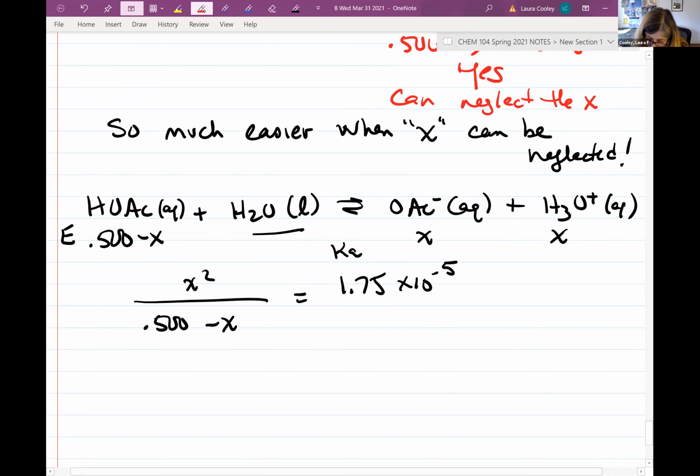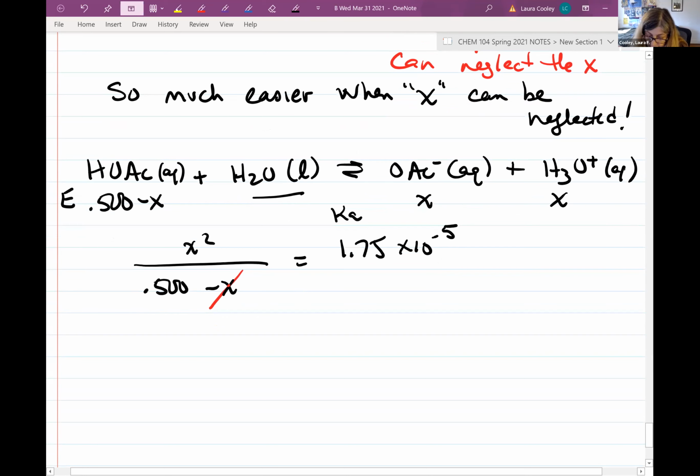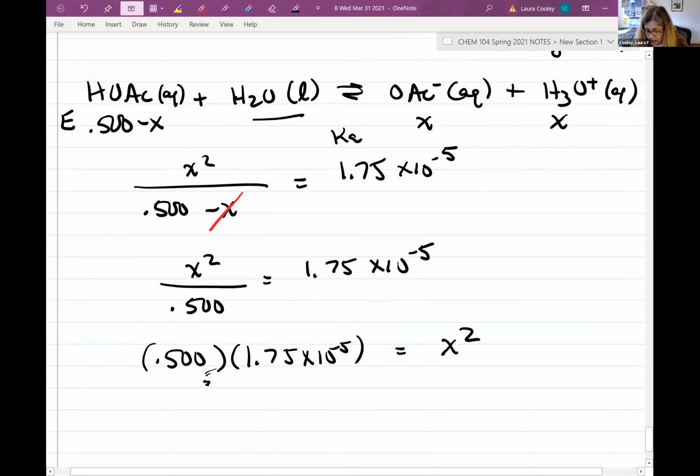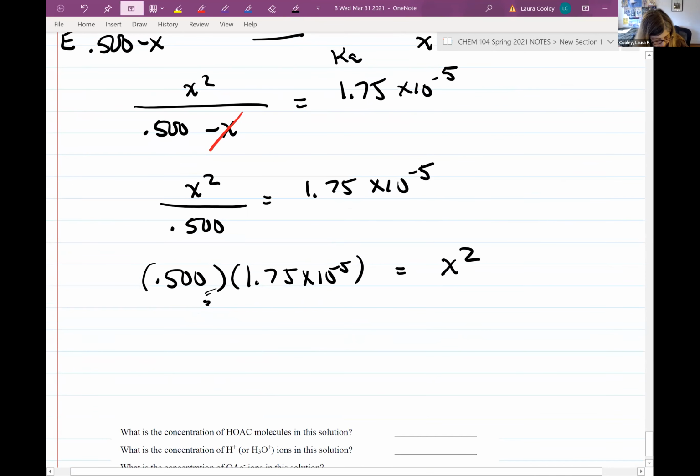All right, so now, instead of having this negative X here, we cross it out. We simply neglect it. And the problem that we solve instead is this. Well, that means when you cross multiply, there's no minus X in here to worry about. And we could solve a much simpler equation right there.